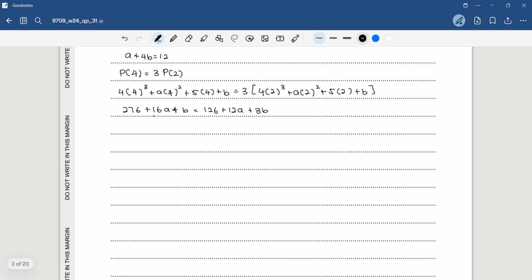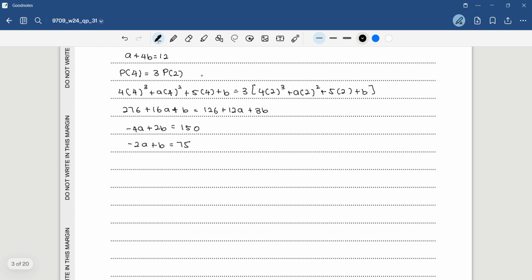You rearrange this, it will be negative 4a plus 2b equivalent to 150. Therefore, negative 2a plus b equals 75.